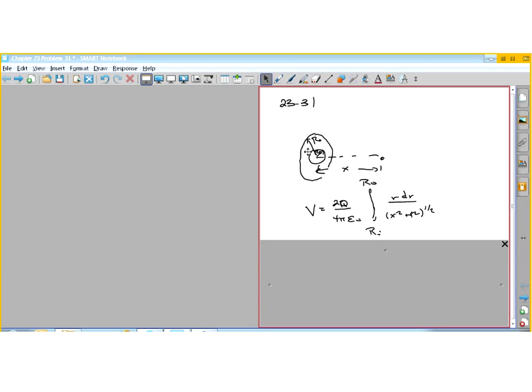So if we look at what problem 23-9 had, it was a disk that went all the way to an inside radius of 0. So if you look at the way they ended up calculating the voltage, they basically ended up with something that looked like this.